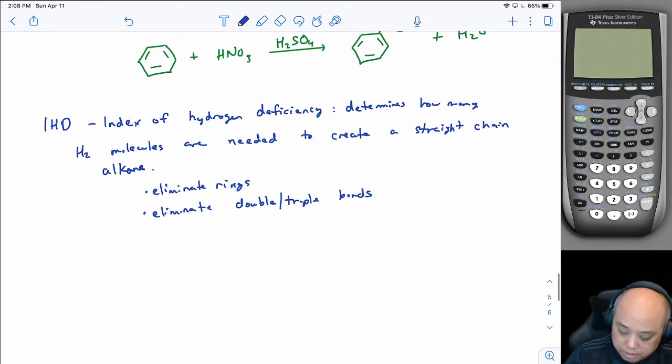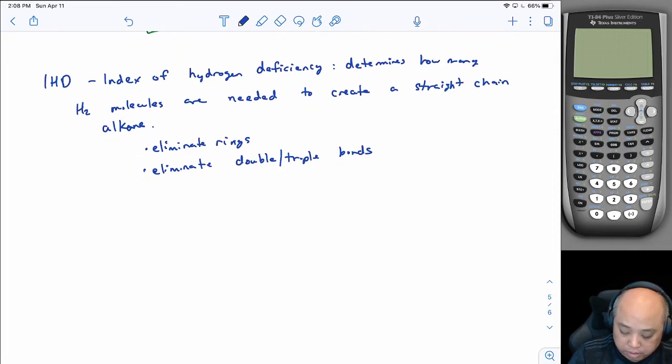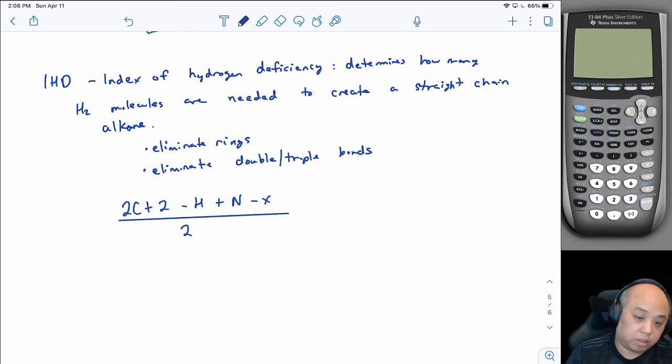Okay. And again, for those of you that don't remember, IHD is (2C plus 2 minus H plus N minus X) over 2. Because the 2C plus 2 implies how many normal hydrogens you should have on there. Theoretically, that would be the maximum number. And every H and every halogen acts like a hydrogen, so it's a single bond to a carbon, so those are okay.